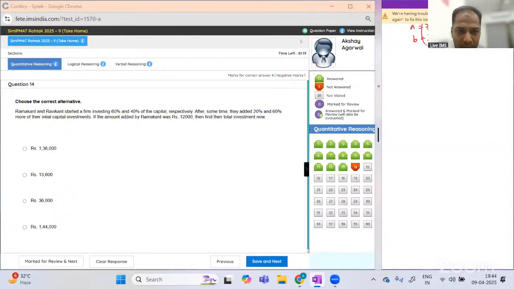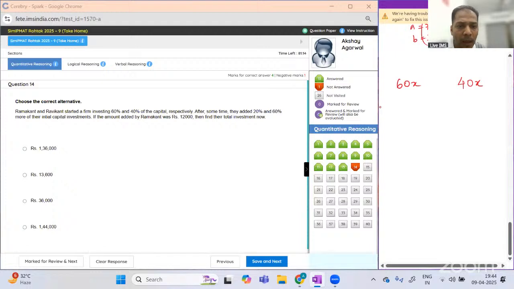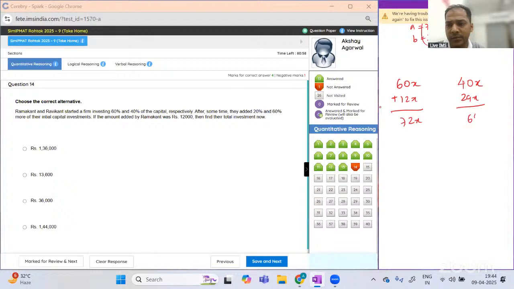So basically 60x and 40x is what they initially invested. This person added 12x and this person added 60% of 40x, that is 24x. So the investments are now 72x and 64x.